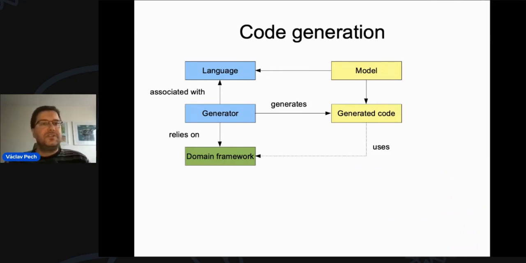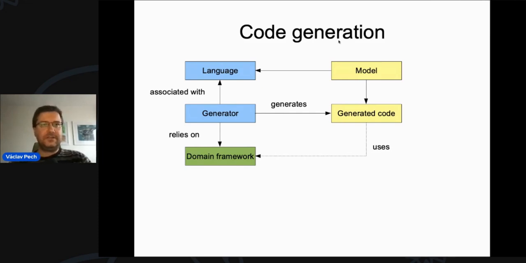The language comes with a generator that can be used to actually transform the models into some generated code, and that generated code, in our case, is a textual configuration file and some audio files, but it could be any other general purpose programming language that you could then run, perhaps in the context of some already existing implementation-specific framework that the generated code becomes part of.